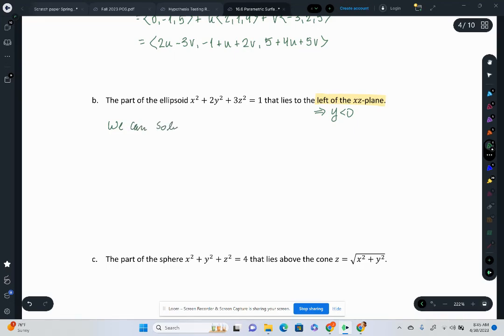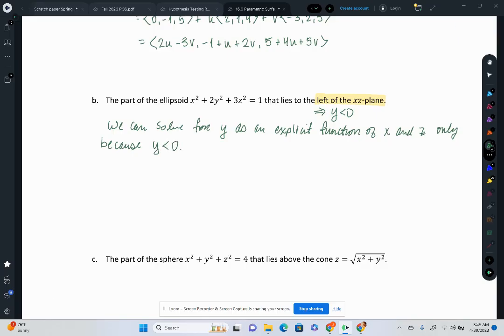We can solve for y as an explicit function of x and z only, because y is strictly negative.